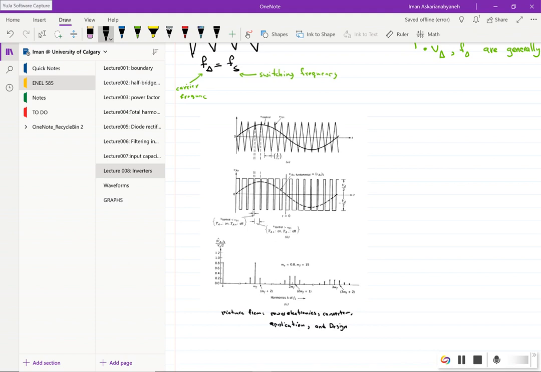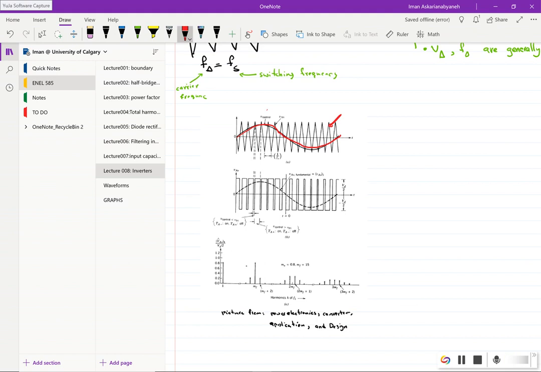And okay, it shows our carrier signal here, and we have our control signal as the sinusoidal waveform here.